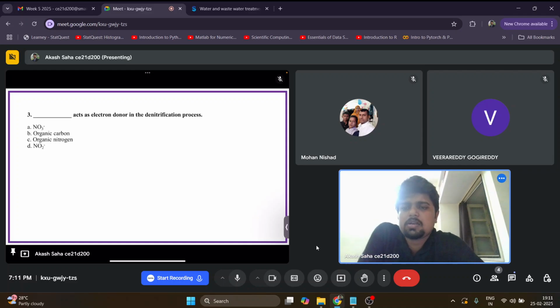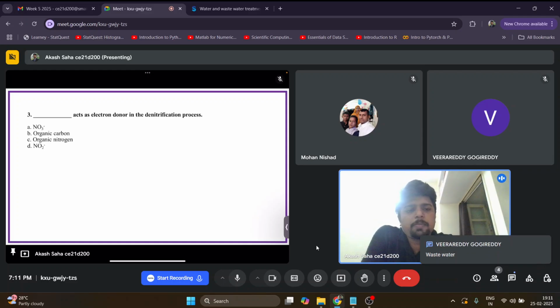Any guess? So in any process, there is an electron donor and then there is an electron acceptor. Okay, so that has to be taken into consideration. So in the denitrification process, what can be my electron donor? So wastewater, whatever you are saying is largely correct, but you have to be a little more specific.